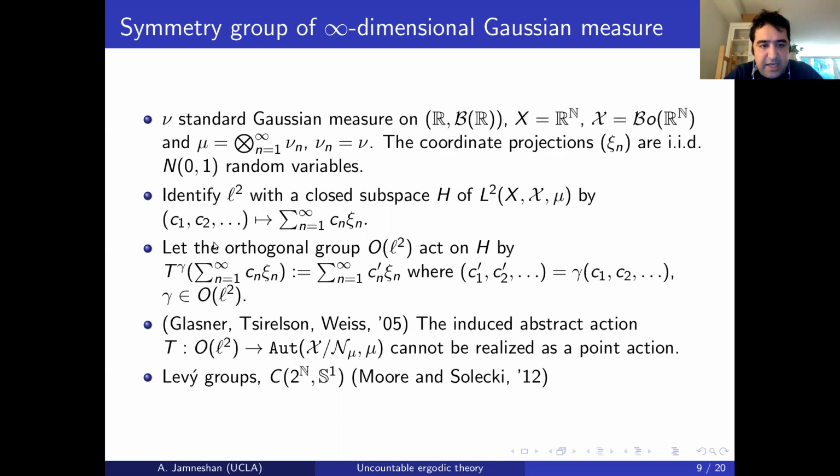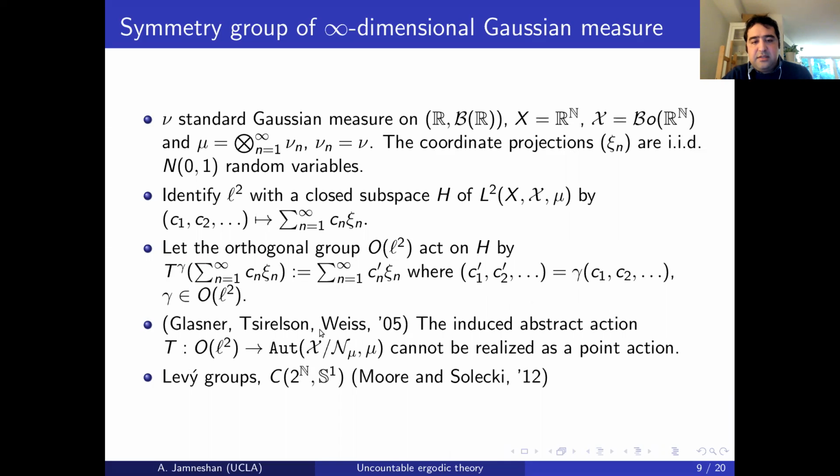Then, if we have the associated element in L2, map this element to that sum where those coefficients result from the transformation of that sequence here.